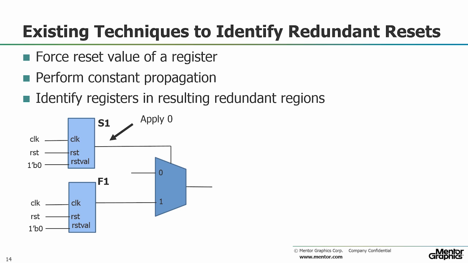Based on this constant value 0, constant propagation would be done in the design. This constant propagation would make the register F1 redundant, which means that the value of the register F1 in the reset phase is not visible at the design output. Hence, the reset of the register F1 can be deemed as redundant.